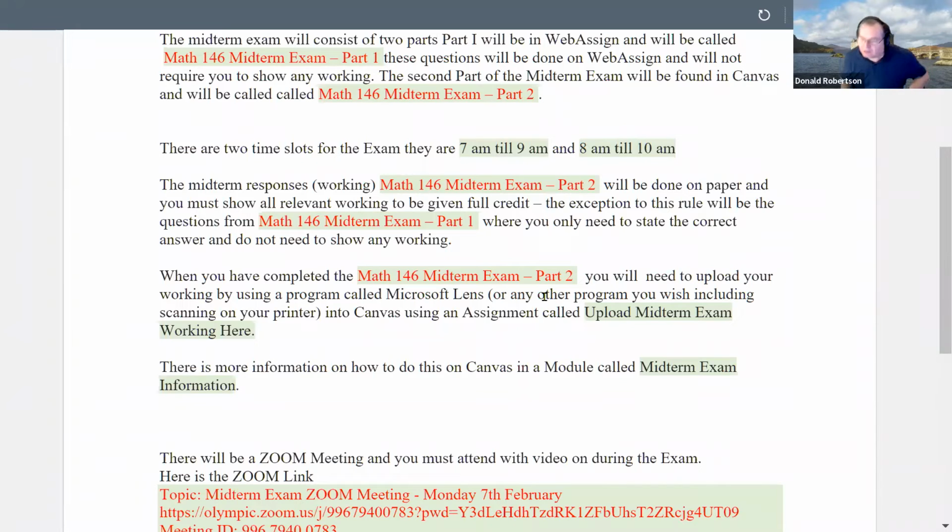But I've got to physically get your working in a format that I can now read. You can't show me it by holding it up to the screen. That ain't practical, right? So I need to see it. And when you've done that, you're going to upload it into an assignment called, there's its name, so you know what it is. And that will be in that module, right? Everything you need will be in that one module.